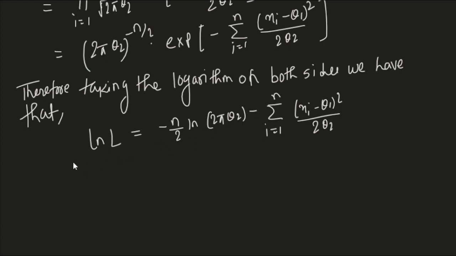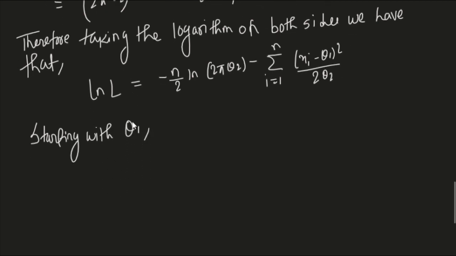So let us start with theta 1. Starting with theta 1, we have, and obviously all the derivative formulas and integration would be required here, so that would be embedded with this video for your needs.